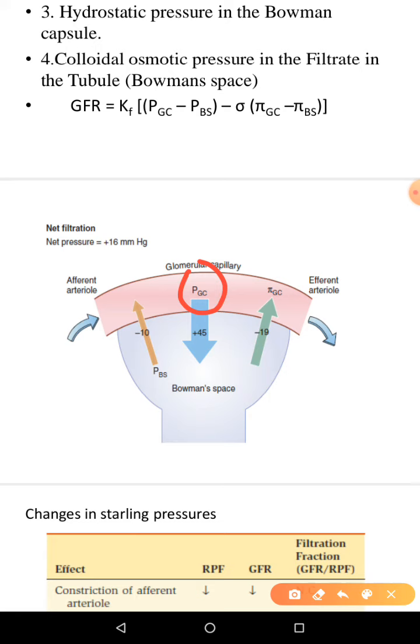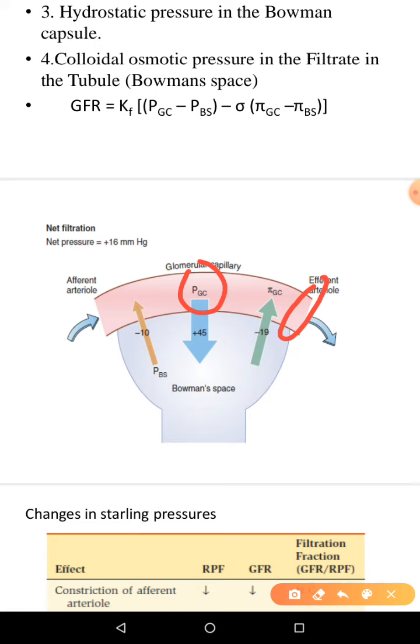Okay. But it's opposite when there is constriction of the efferent arterioles. When the efferent arterioles constrict, that is when the diameter becomes narrow, the effect of arteriolar constriction on the renal plasma flow is the same as with constriction of the afferent arteriole.